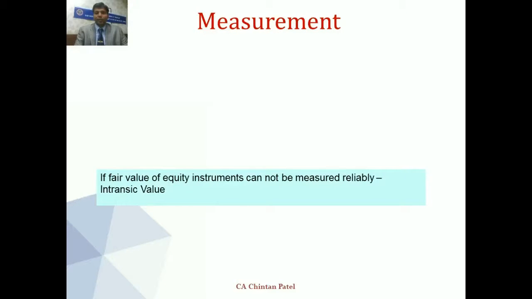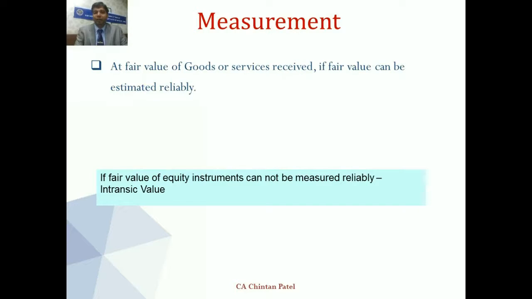Next slide is about measurement. As I said earlier, each and every standard will have recognition and measurement. Under measurement, the fair value of goods or services received is used, if the fair value can be estimated reliably.